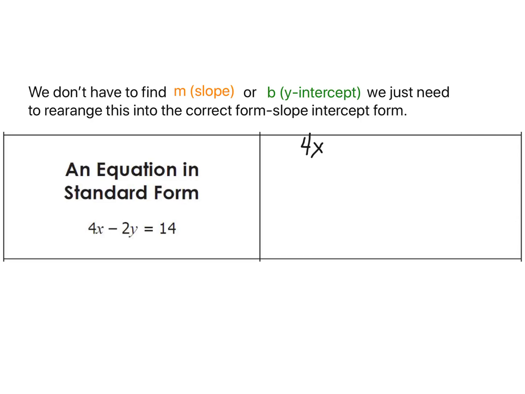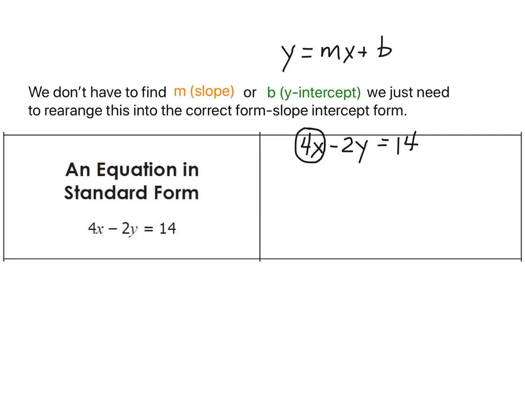4x minus 2y equals 14. Alrighty, so the value that I want to solve for is the y. If you remember, y equals mx plus b, so I want the y value to be all by itself. So I am going to begin by getting rid of the ax term, okay?